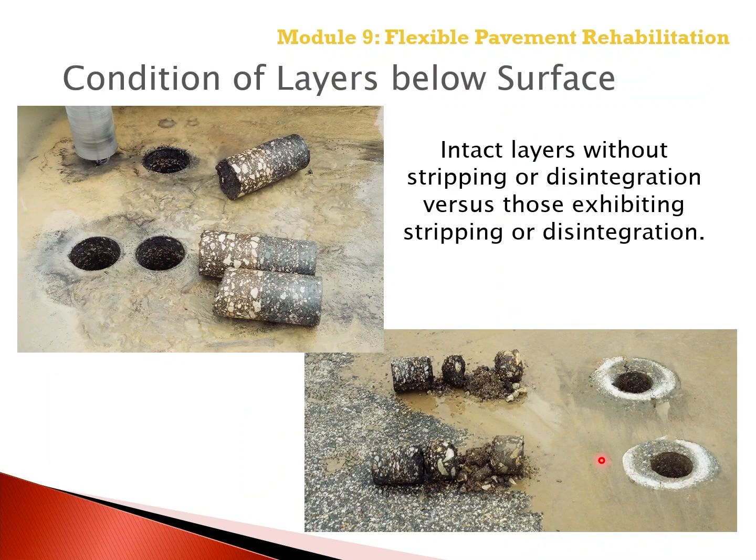And obviously these two sections are examples of cores that do not exhibit stripping or moisture damage in the lower layer versus those that do exhibit severe moisture damage and stripping in the lower layers, which are not visible from the surface. So our rehab options between the two will be and should be significantly different.